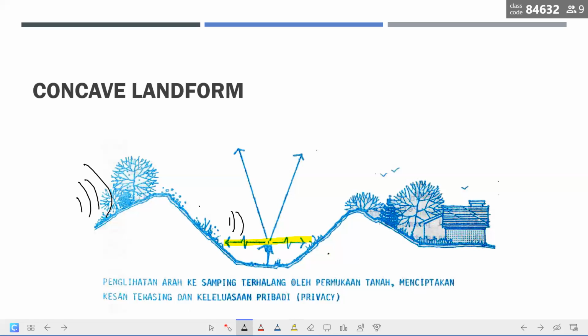But concave landforms can feel a bit isolated from other parts of the site, simply because of the barriers and the elements that surround it.